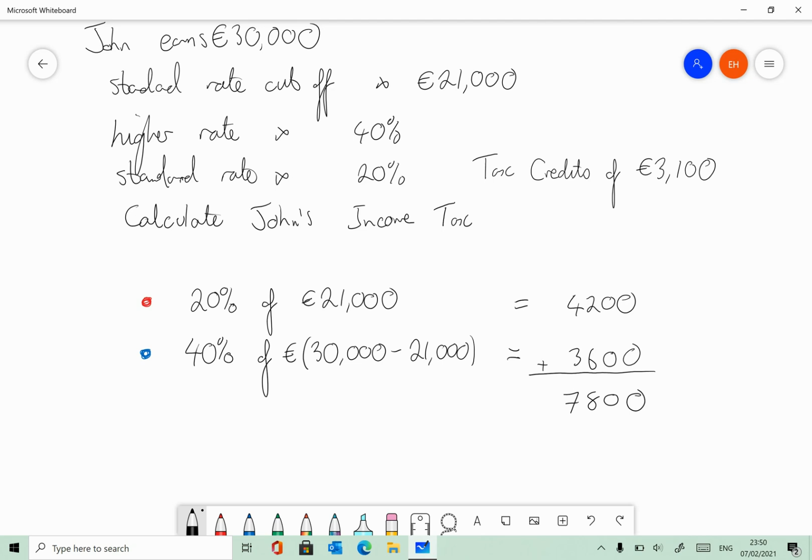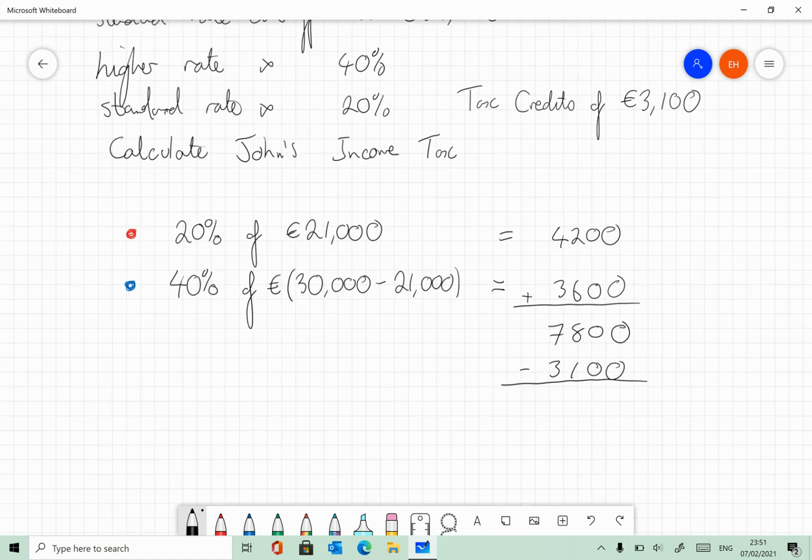So tax credits are designed to reduce the amount of tax you would otherwise have to pay. So instead of paying 7,800, John will only have to pay 3,100 less than that, which is 4,700.